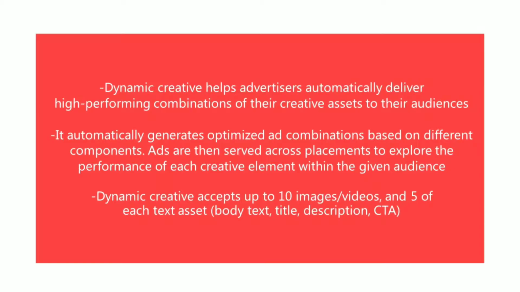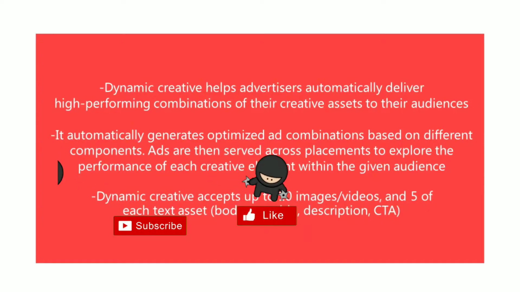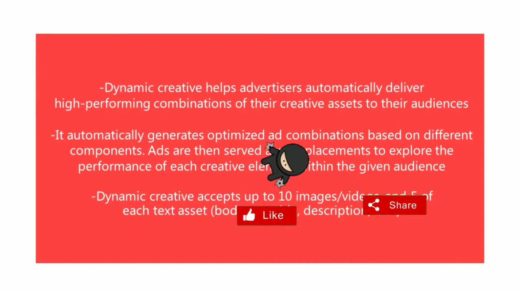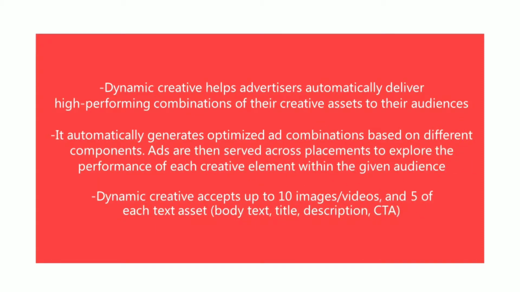First of all, dynamic creative ads help advertisers to automatically deliver high-performing combinations of their creative assets to their audience. So basically, dynamic creative ads help you to combine different things such as images, videos, titles, descriptions, and automatically Facebook chooses the best performing ad or combination to show to a certain type of audience.